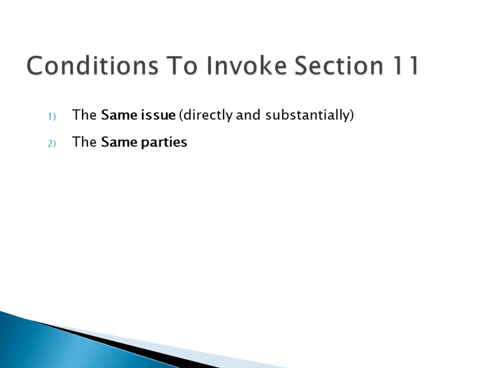The next condition is that the former suit must have been a suit between the same parties or between parties under whom they or any of them claim. The third condition is that such parties must have been litigating under the same title in the former suit.